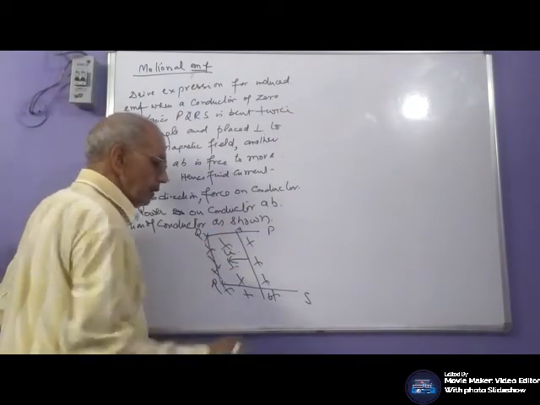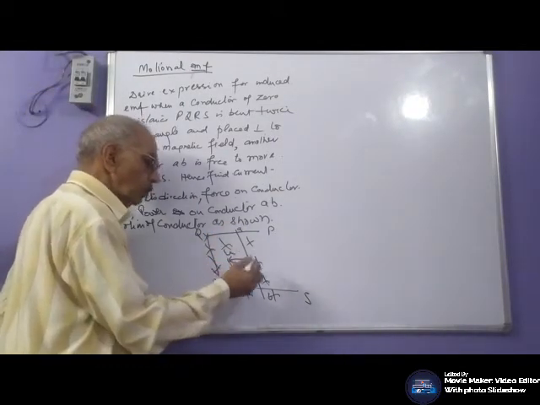This conductor AB is moved as shown. It is free to move.